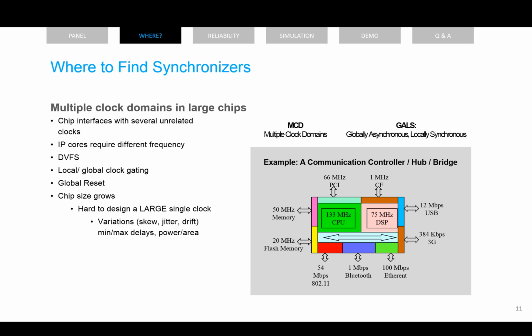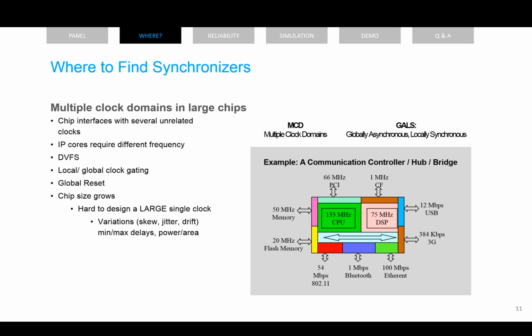A common example is the communication controller you can see in the picture, where you have different memory controllers to different memory interfaces. You have CPUs and maybe other accelerators or DSPs in between, each one operating at a different frequency.